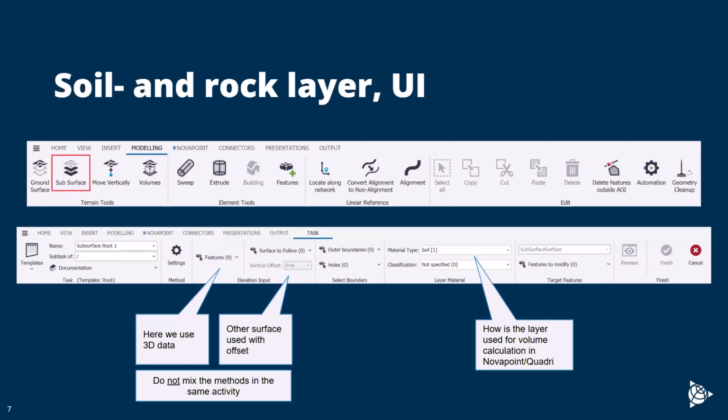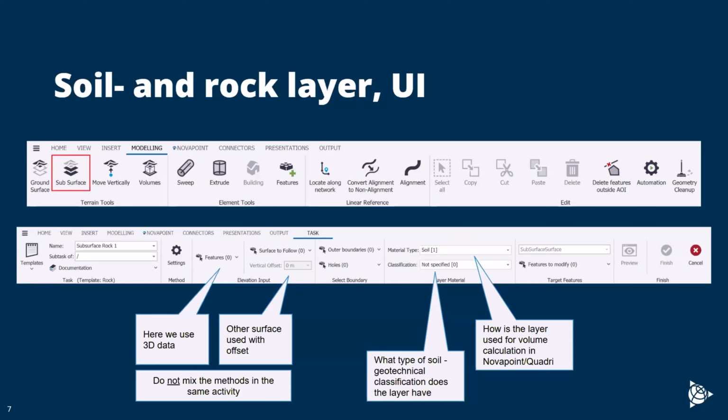We also have to choose what material type the layer is going to be, which determines how the layer is used for volume calculations in Novapoint and Quadri. And what kind of soil or geotechnical classification does the layer have?